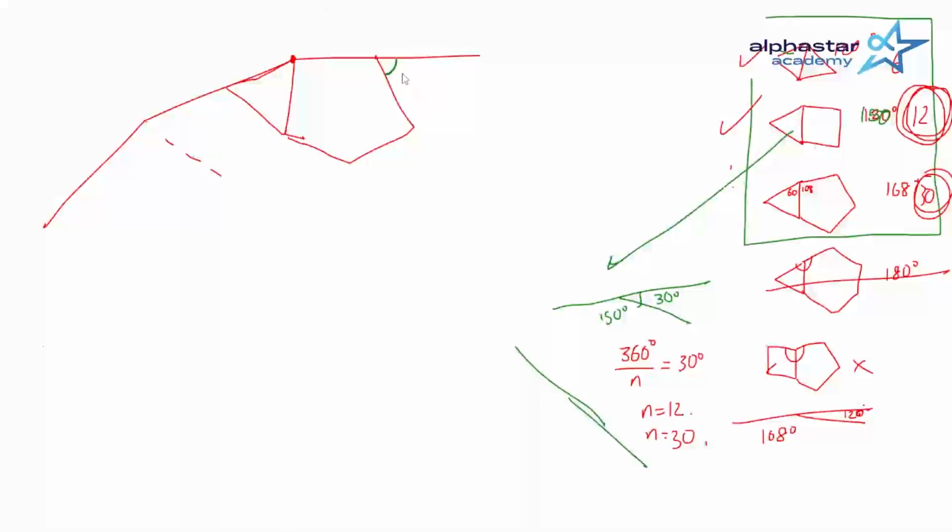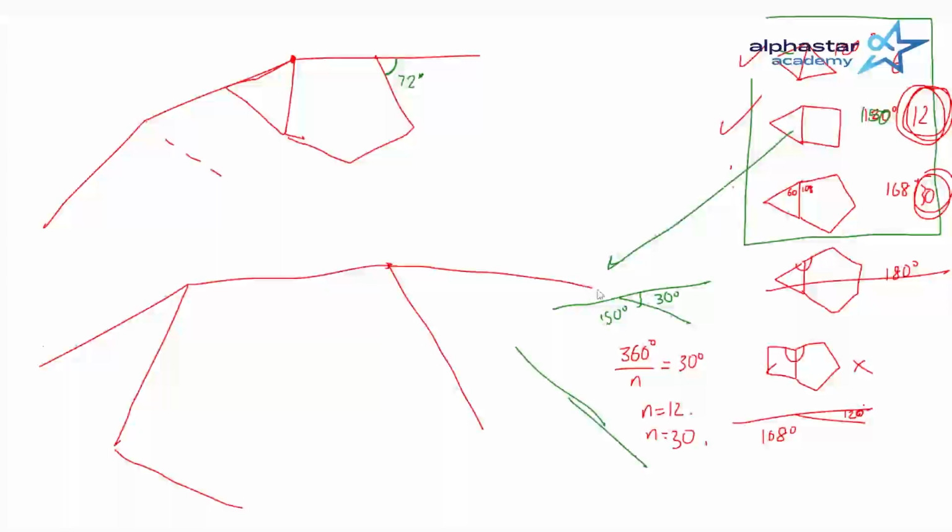Well, this angle is 72 degrees, and as discussed previously, 72 degrees cannot be properly tessellated, right? It cannot be filled by polygons. So actually, the only chance for this pentagon that I've drawn to work is if it spans the entire edge, and then the triangle follows suit, right?